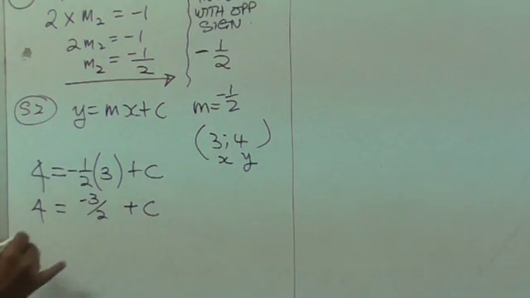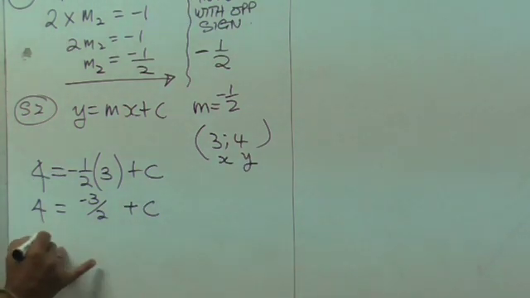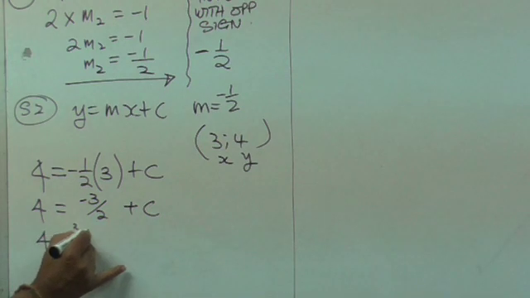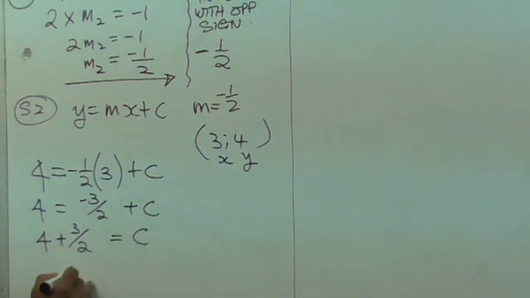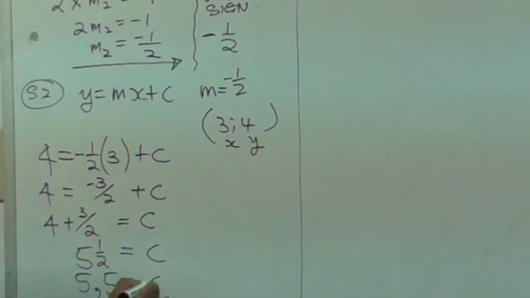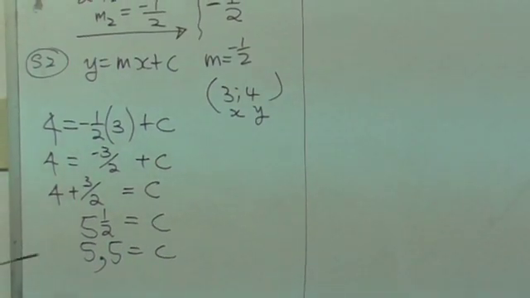That will give you 4 plus 3 over 2 is equal to c. And you put that in the calculator and you will get 5.5 is equal to c, or some of you may just get decimal fractions. So 5.5 is equal to c.